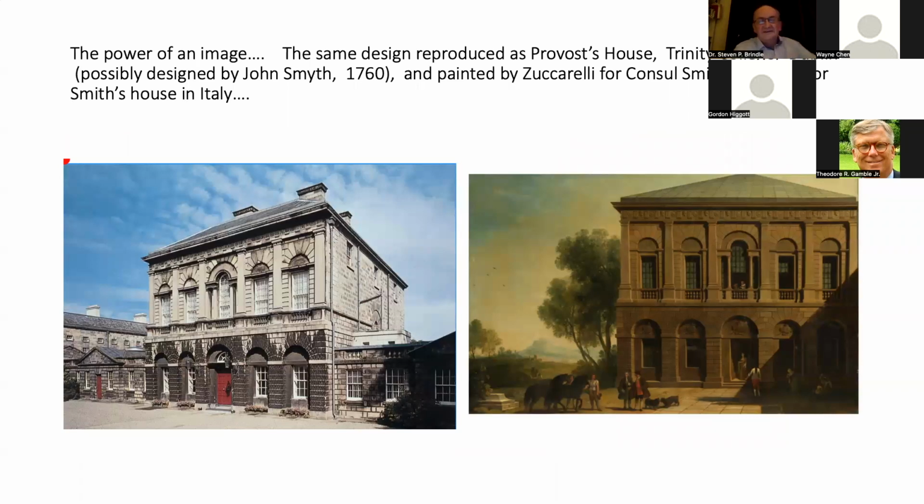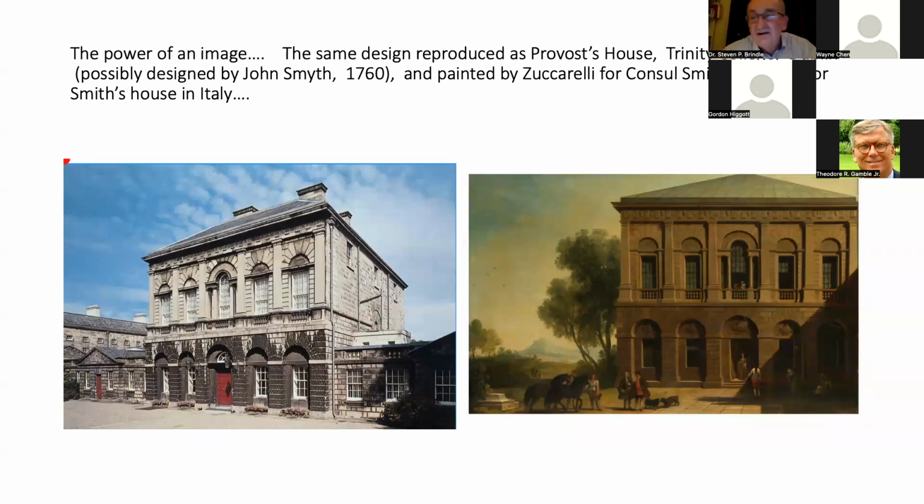And this is a rather nice case in point of the power of an idea, for there is the same design reproduced later, quite a lot later, at the Provost's house in Trinity College, Dublin, and there is the same design again, painted by Zuccarelli for an Englishman living in Italy.